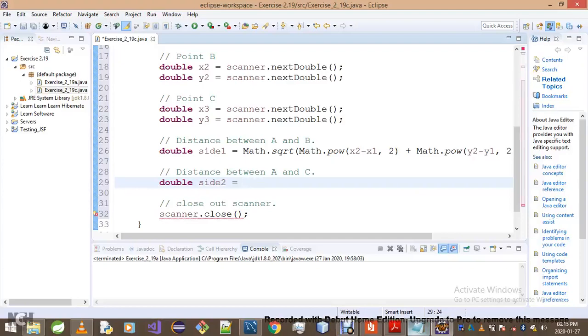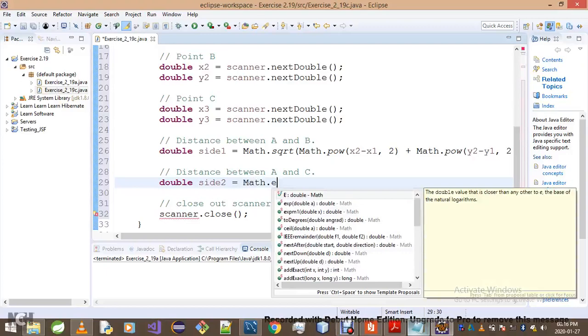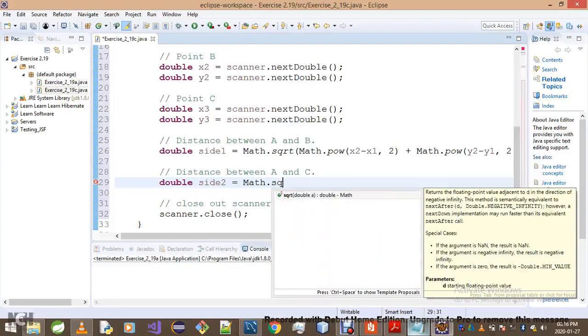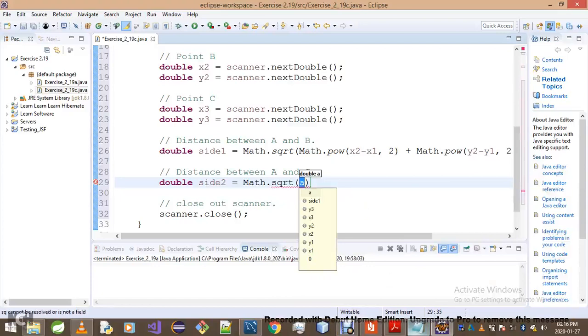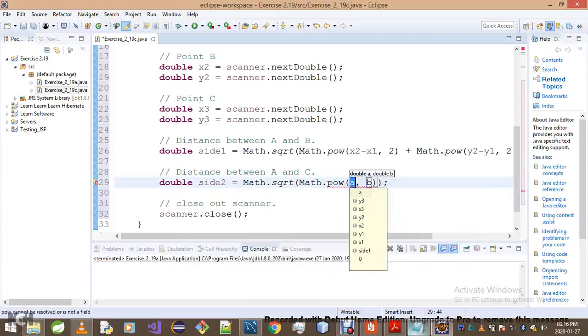Okay, let's go Math.sqrt, square root of what? It's actually square root of Math.pow. I'll simply put x3 minus x1, and then we put a 2 here.